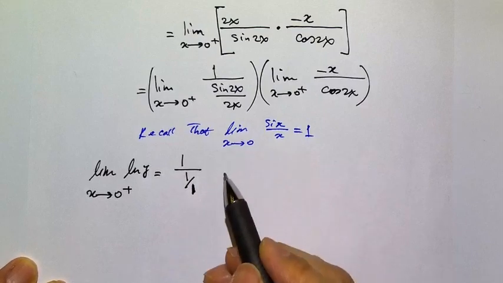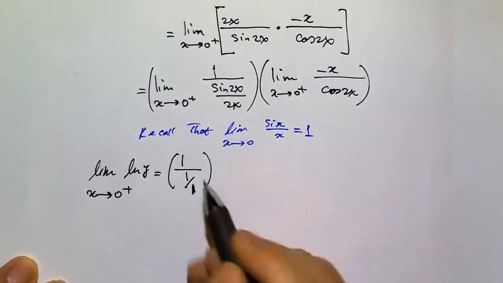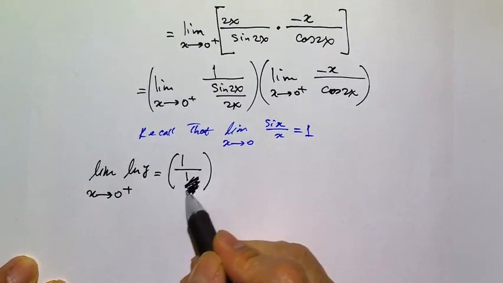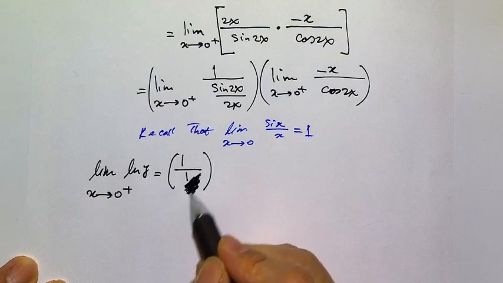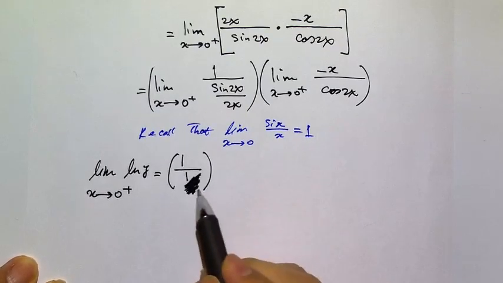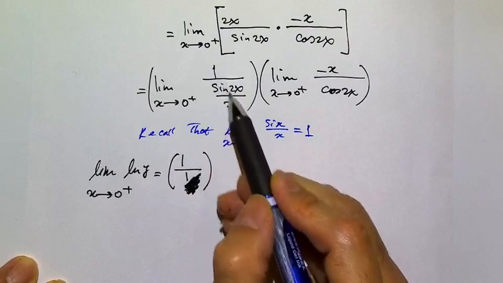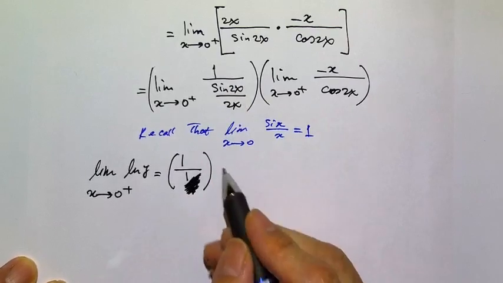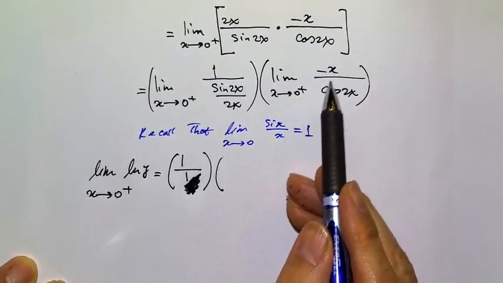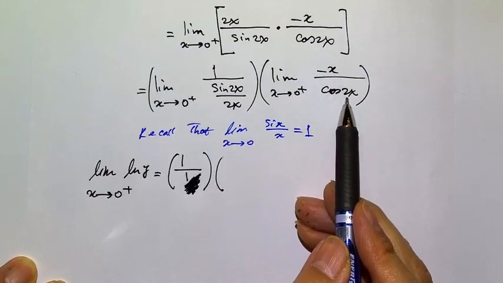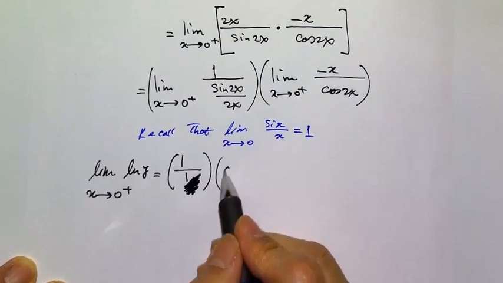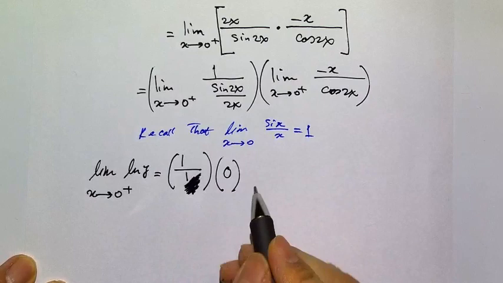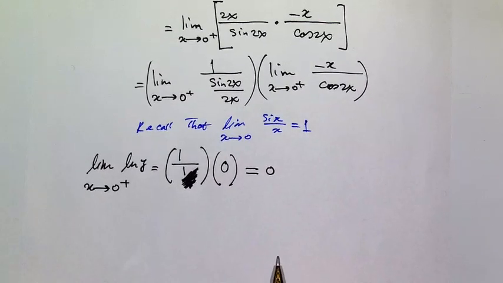I will clean this up before posting it on Web Campus, but that's just 1 over 1. And then times, if you apply 0, 0 over 1 is 0. So we get that, and that's equal to 0, right?